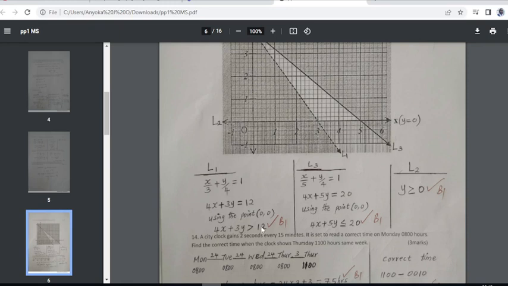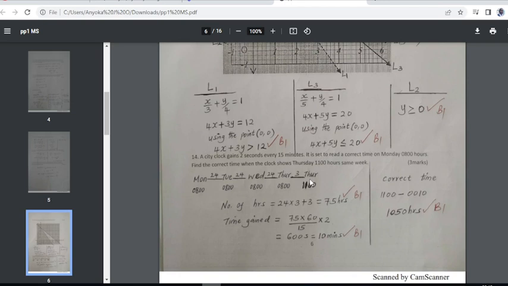So we need a false statement. To make this one a false statement, we say 0 is greater than 12, because the point (0, 0) lies in the unwanted region. So our inequality becomes 4x plus 3y is greater than 12.